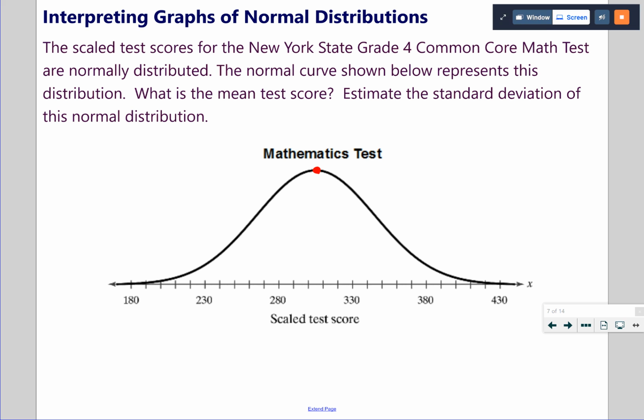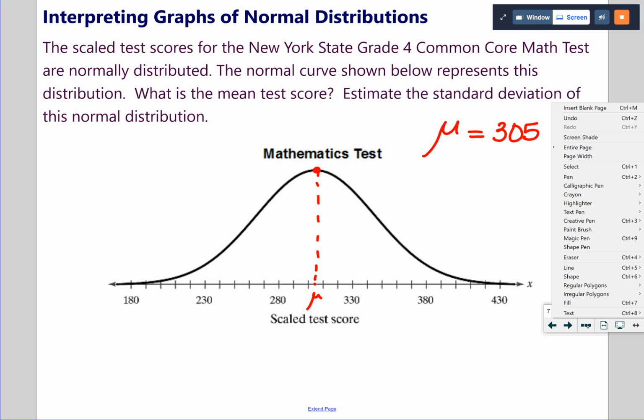Top of the hill. Drop it down. Looks like it's falling between 2 tick marks on mine. Can you tell me what you think that is? 305 would work. Somewhere between 300 and 310.